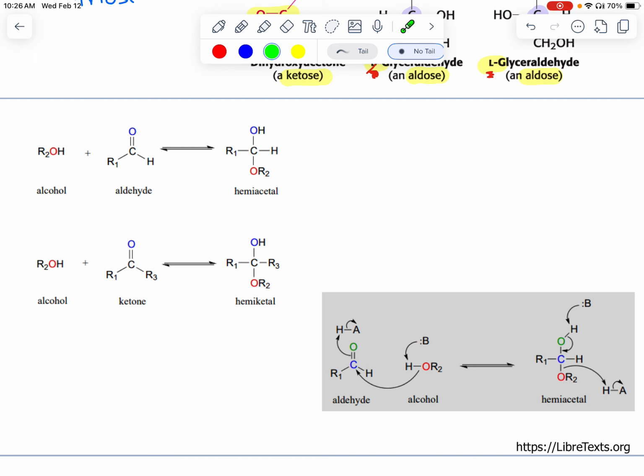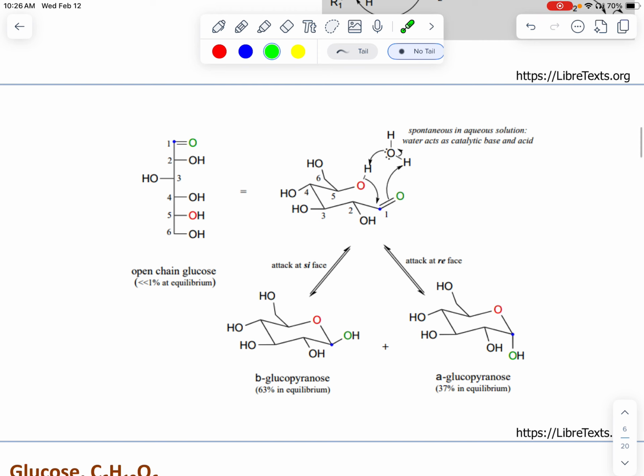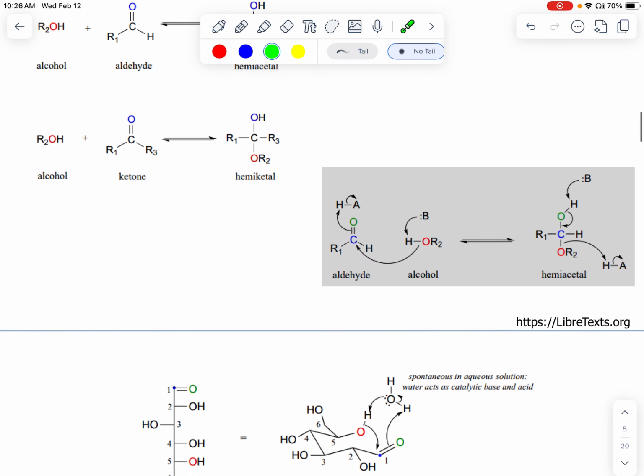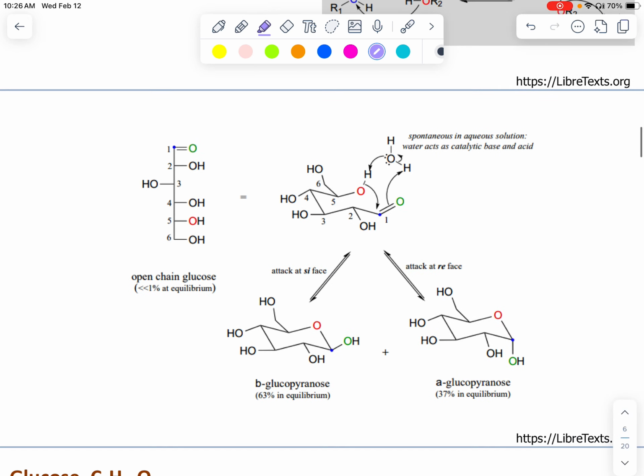And we see these reactions. The reason we care about these is because when we think about our carbs, we have both of these groups. Notice that our groups that were important here was this carbonyl and this alcohol group, right? This hydroxyl. Well, here we've got glucose, and look at that.